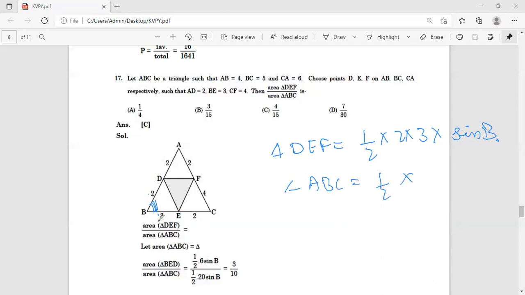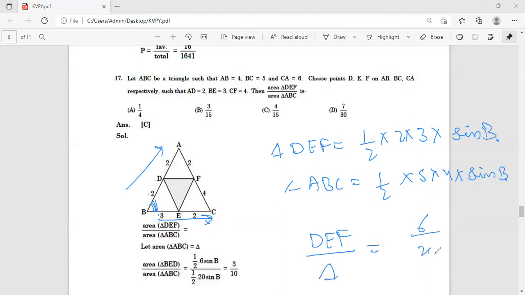Half into 5 into 4 sine B. So if you find this ratio, with the bigger triangle called delta, you can get the ratio 6/20. So that is 3/10. So you will get 3/10 delta.